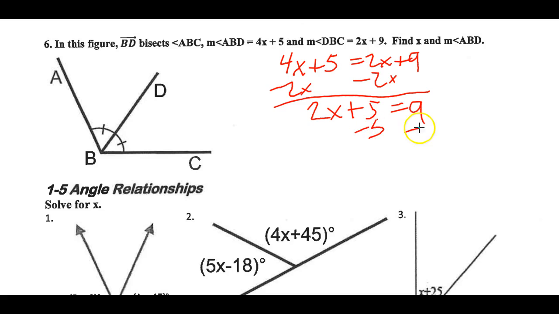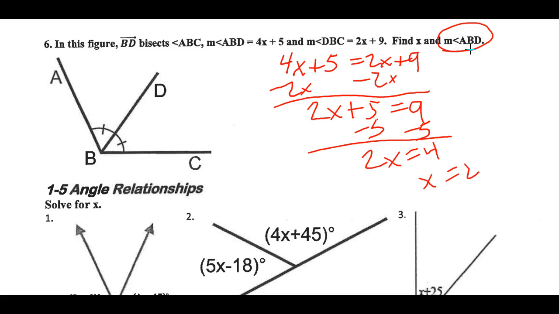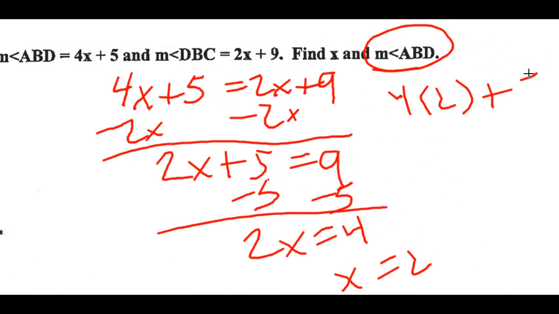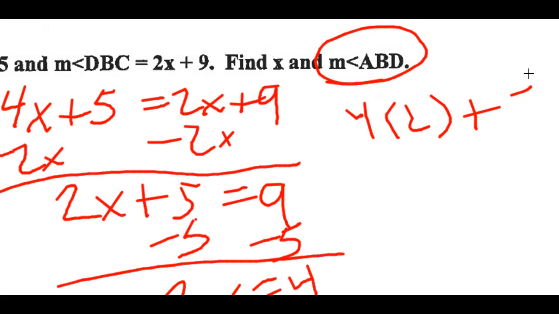Subtract 5. And we have 2x equals 4. So x equals 2. And then we can solve for ABD. If x equals 2, then I know that ABD is 4 times 2 plus 5, which is 13. So I have x equals 2, ABD equals 13.